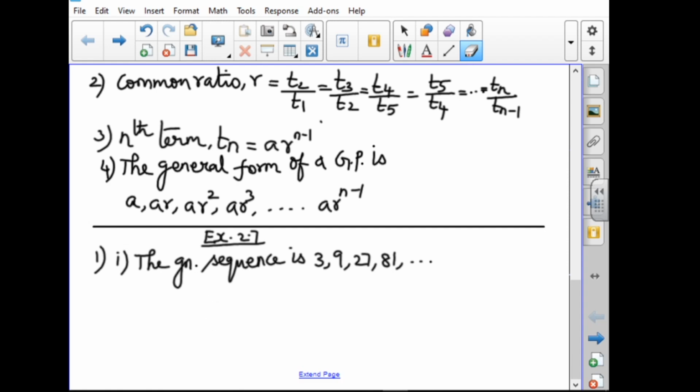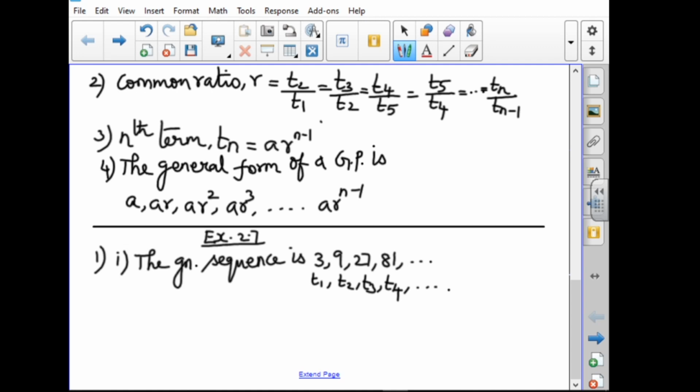If the common ratios are equal, then it is a GP. We take it as T1, T2, T3, T4, etc. Whatever the numbers they give, up to that you have to find the ratio. If the ratio is equal, only then it is a GP.